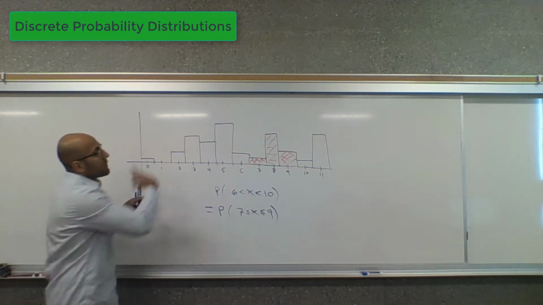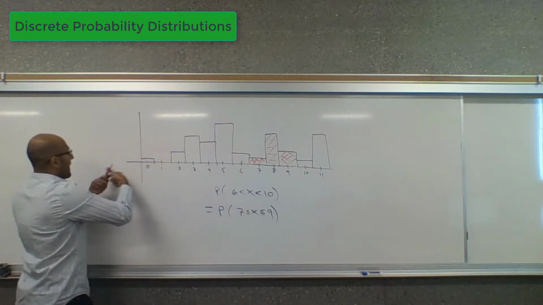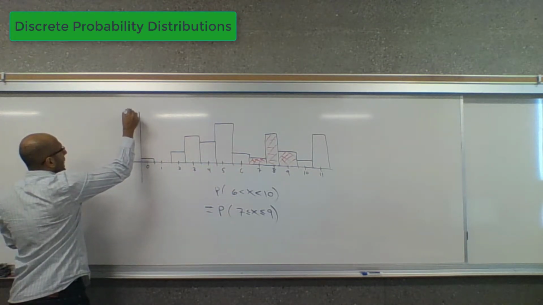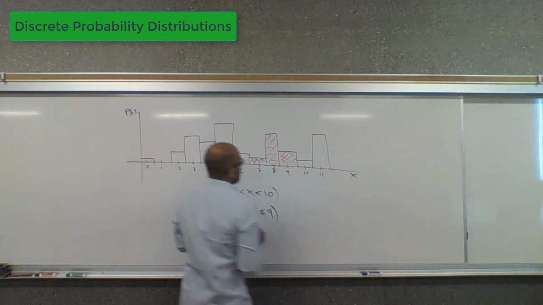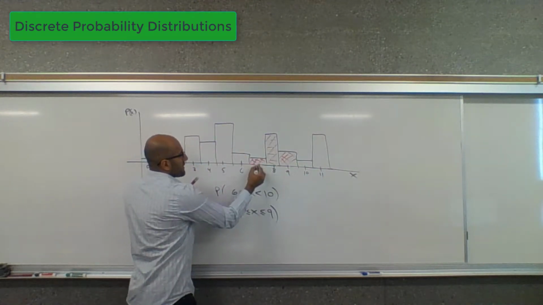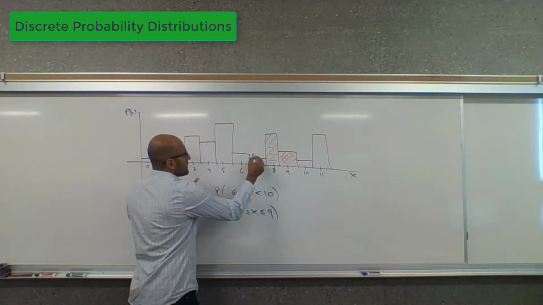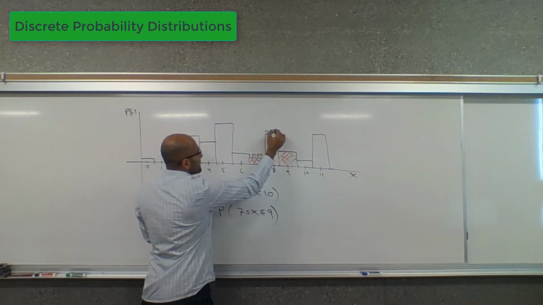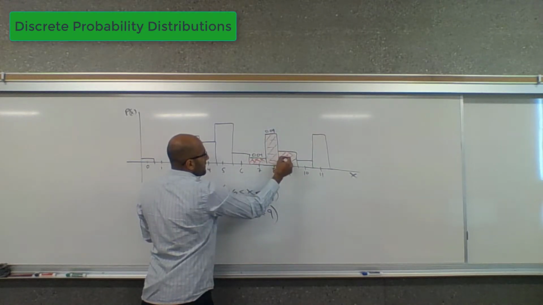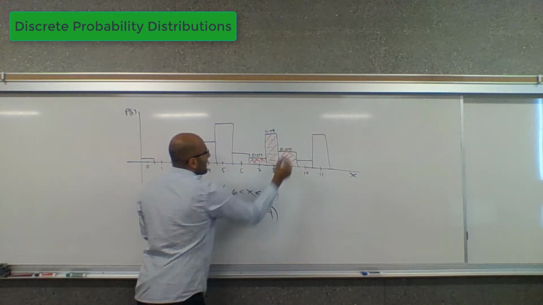So you would be given values on the vertical axis to be able to figure those out. The statement might say something like the height of this one is 0.04, the height of this one is 0.09, the height of this one is 0.05.